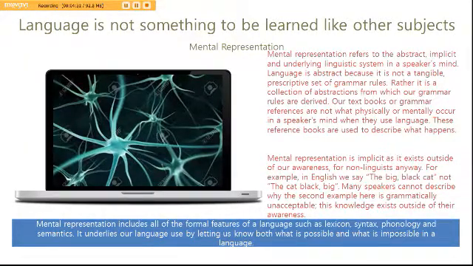And then teachers, even a good grammar teacher, might have an understanding of grammar the size of an onion. And the best students have an understanding the size of a golf ball, for example. But the idea is that the grammar books or textbooks are recording the different levels of grammar that people understand, okay? Mental representation is implicit and exists outside of our awareness.